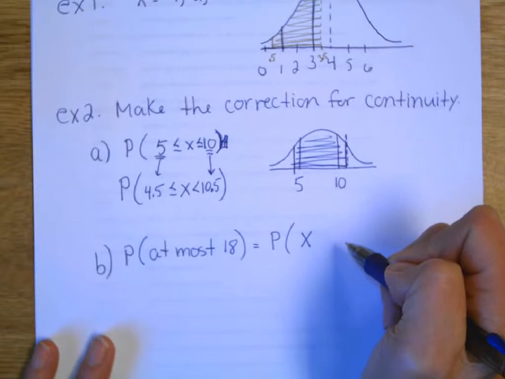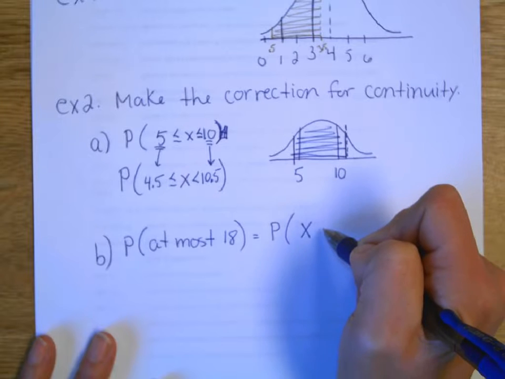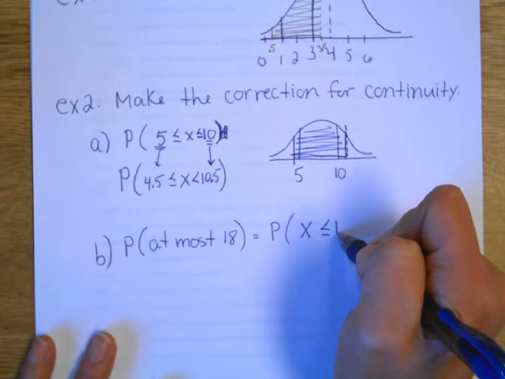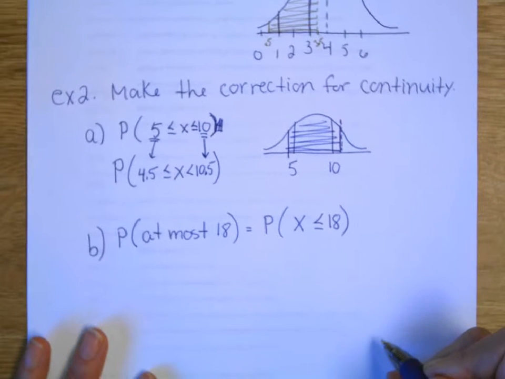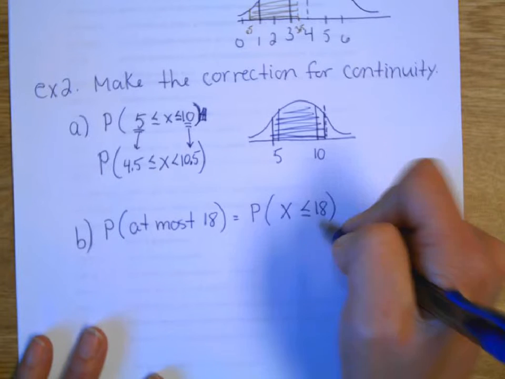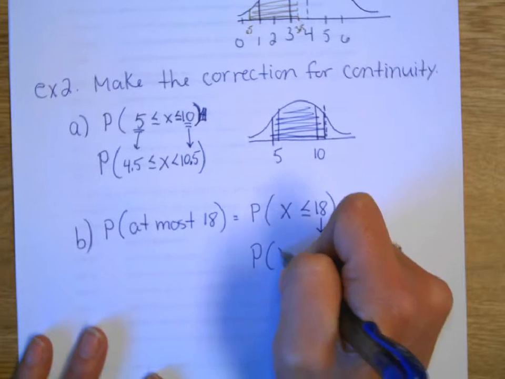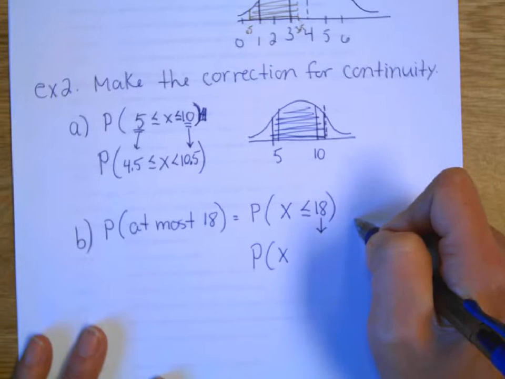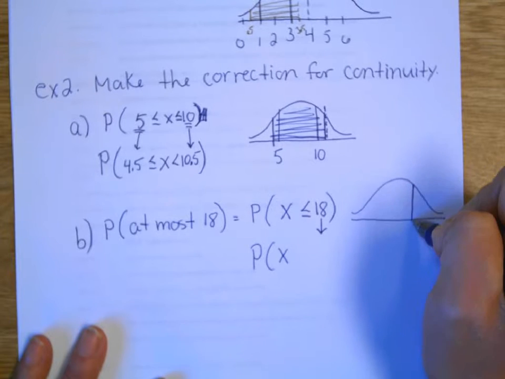Less than or equal to 18. Less than or equal to, that is key. Now we want to make the correction for continuity. I want to change the 18. This number has to get corrected. So think about a number line. Here's 18.